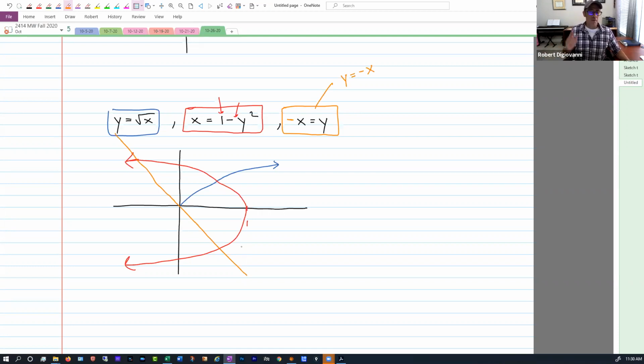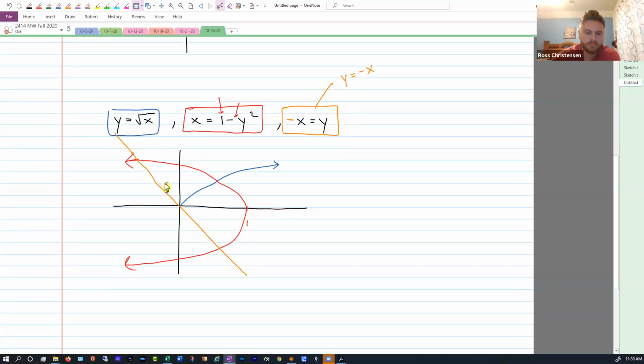Okay, we want to sketch the region bounded by all three, right? And find its area. So what do y'all think about that? Do y'all see the region? What's the region? Or is there an issue? Do y'all see there's two regions?